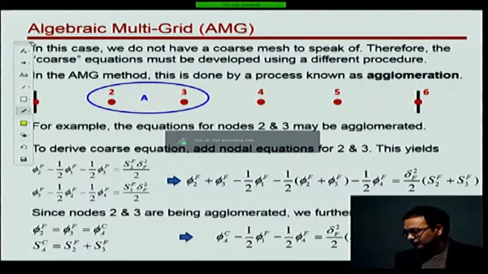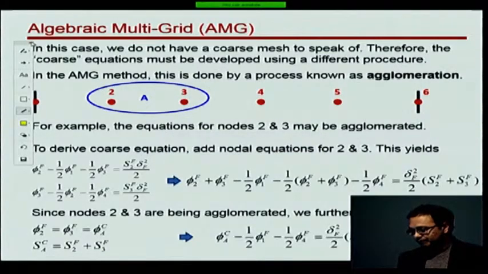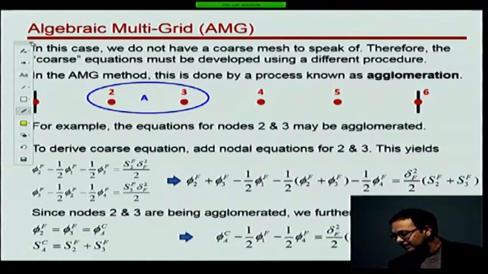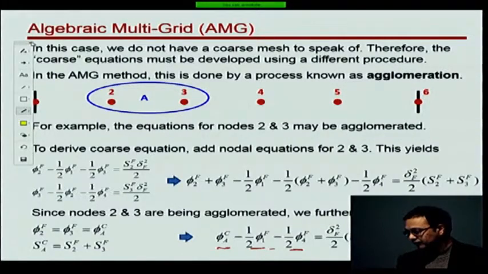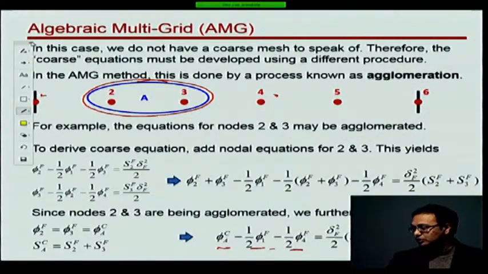Now notice that I have a phi a, which is on the coarse mesh here, and then we are left over with these two guys: the phi 1 and the phi 4. So essentially what I've done here is I've constructed a coarse mesh equation, which is this whole blob here with 2 adjoining nodes, 1 and 4.